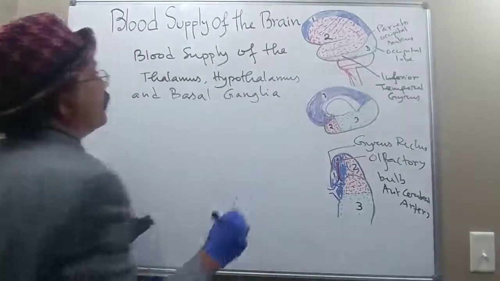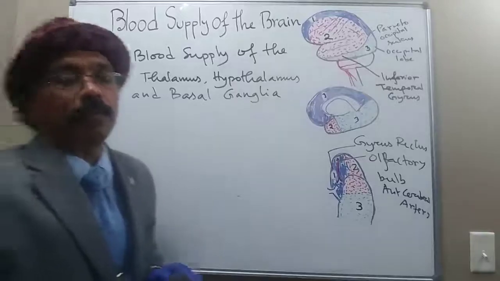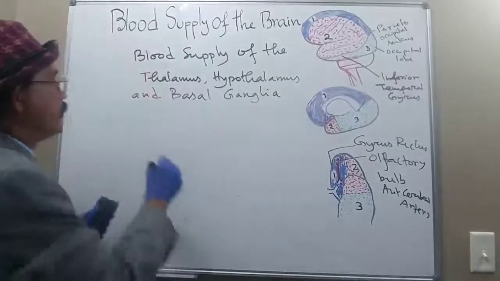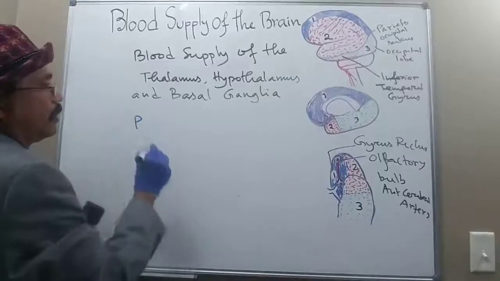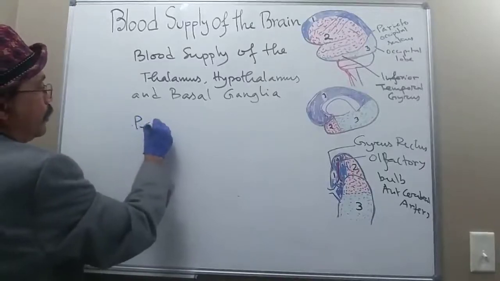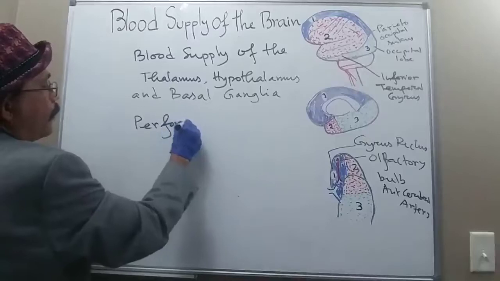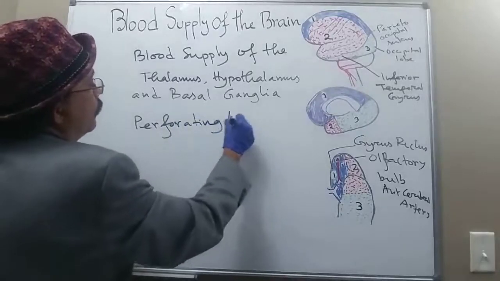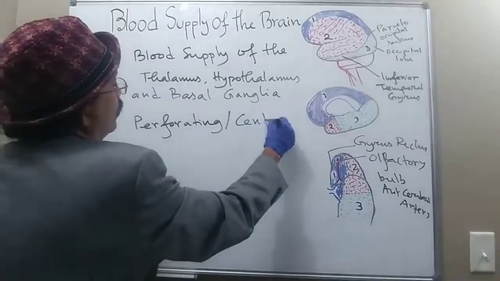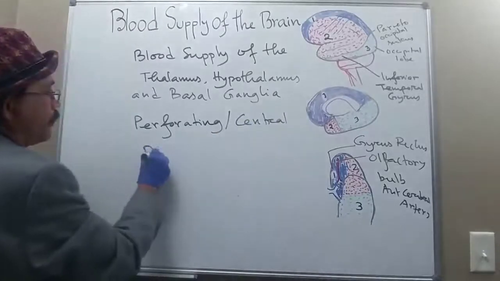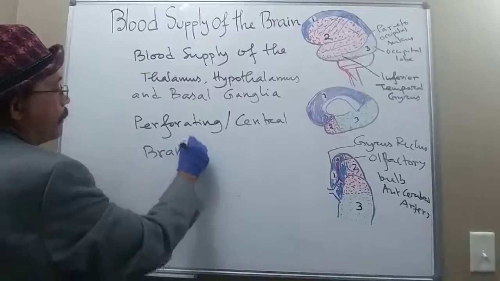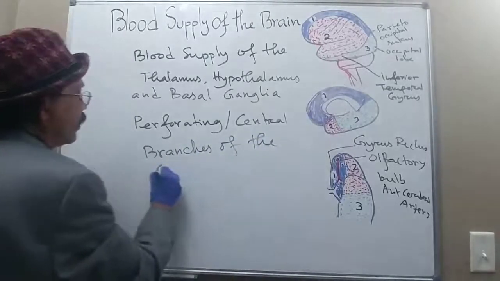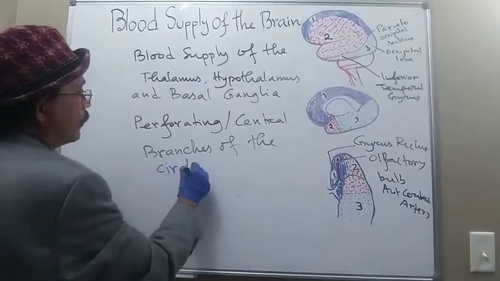They are getting blood supply from the perforating or penetrating, we can call central, branches of the circle of Willis.